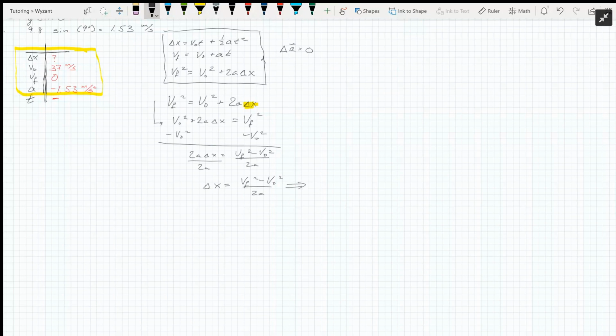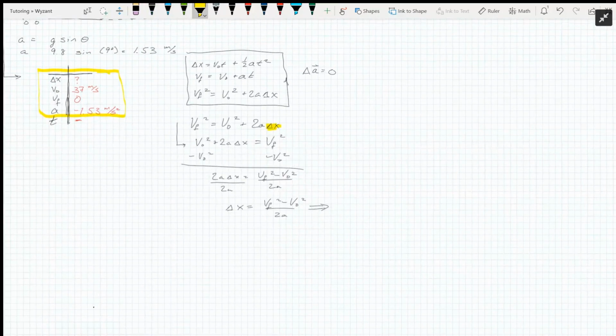We know that v naught is 0, and vf is 37 meters per second, squared, over 2 times negative 1.53 meters per second squared.